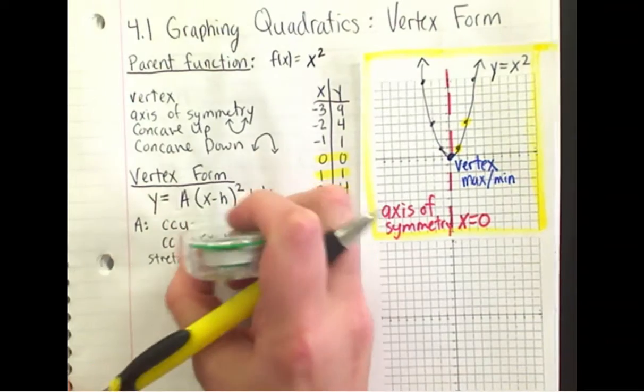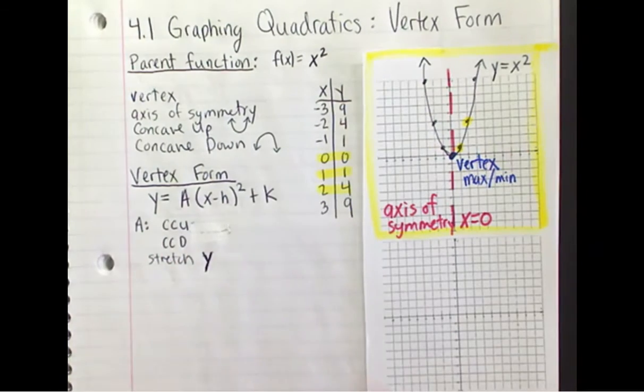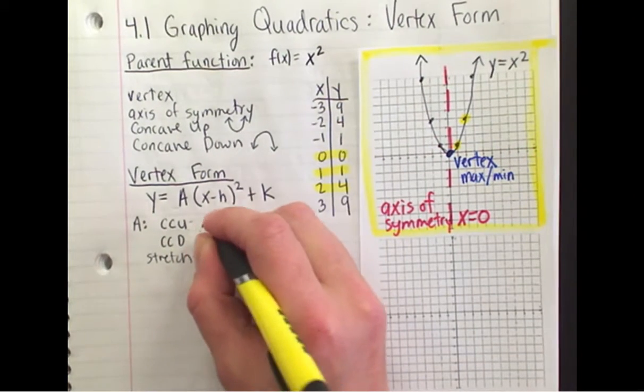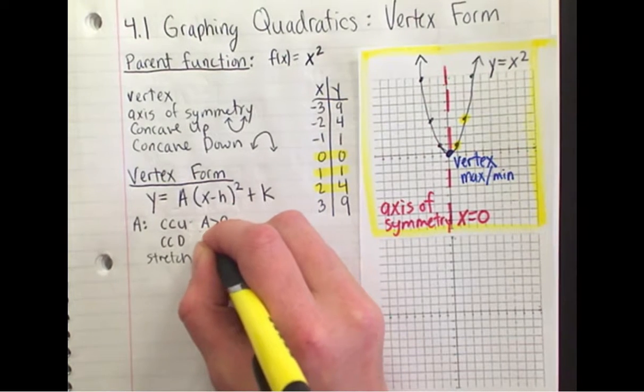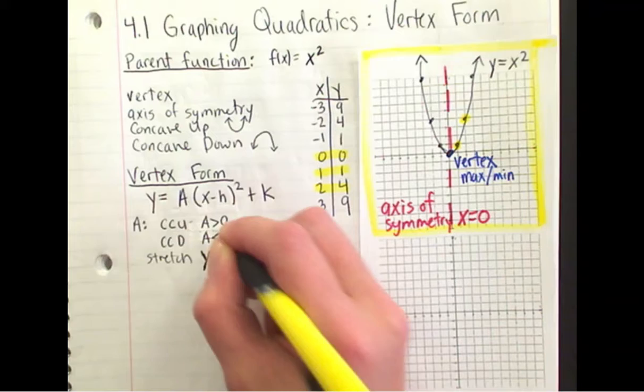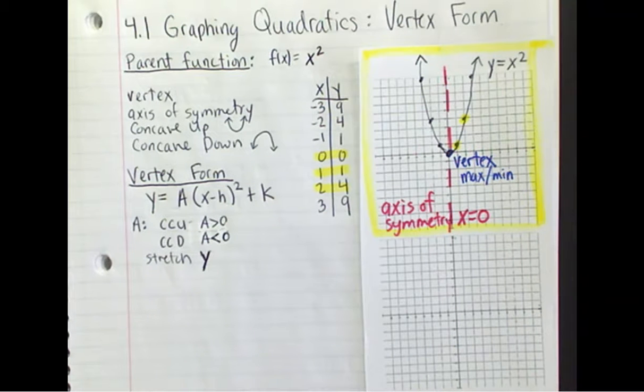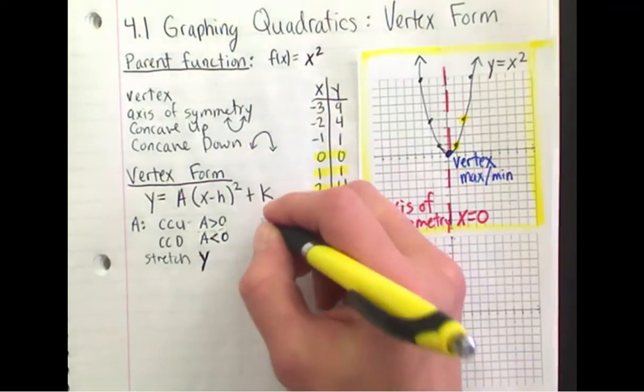Maybe I'll be more specific here. Concave up if A is positive. Concave down if A is negative. Okay. Up like a cup, down like a frown.